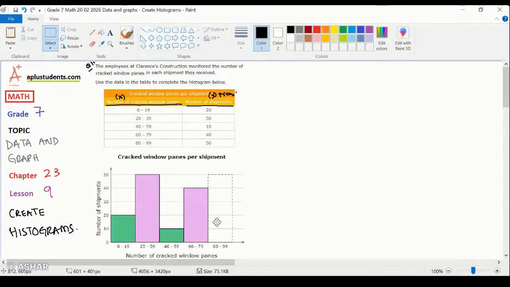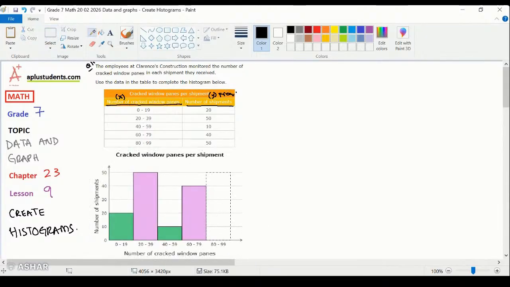So what is happening over here is, on the x-axis, we have the number of cracked window panes. On the y-axis, we have the number of shipments. This represents the frequency. Frequency means how many times it is repeated, right?